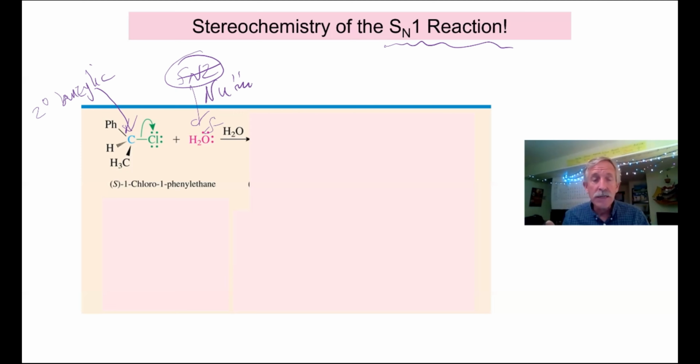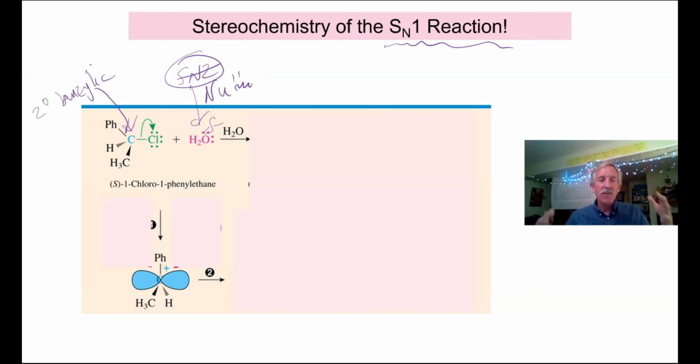As I start getting more substitution around the carbons, secondary, tertiary, it gets harder to do SN2, but it gets impossible to do SN2 if I have a poor nucleophile, a poor base, like water. So water can act nucleophilic here, but it has to wait to form the carbocation.